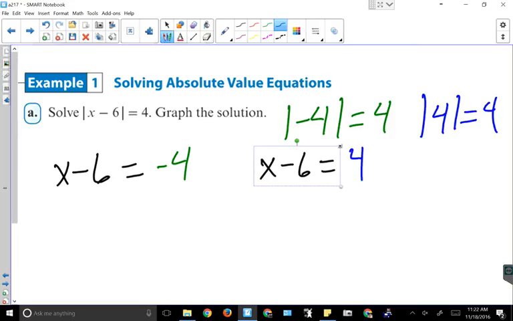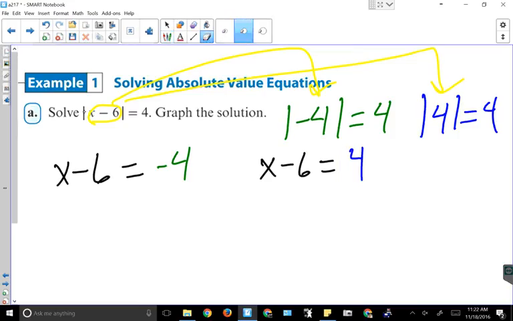Because all we're doing is saying what's here on the inside has to be one of two things. It either has to be this, or it's going to be that. Either what's inside there has got to be a negative 4 or a positive 4. Either one of these will work.